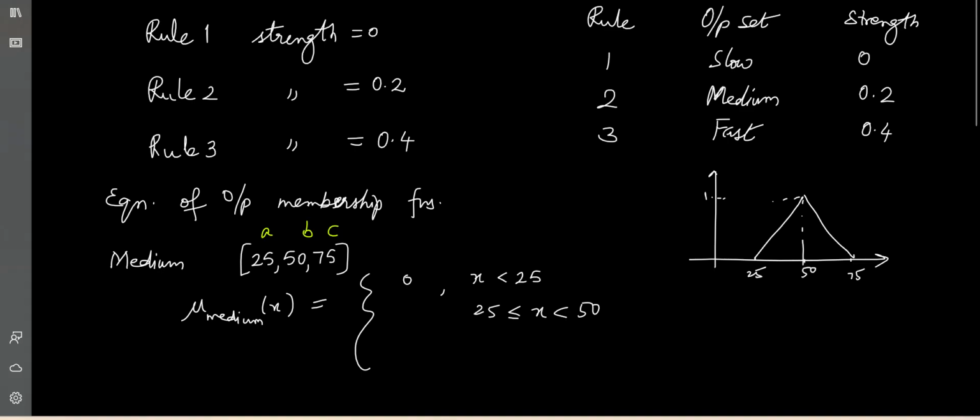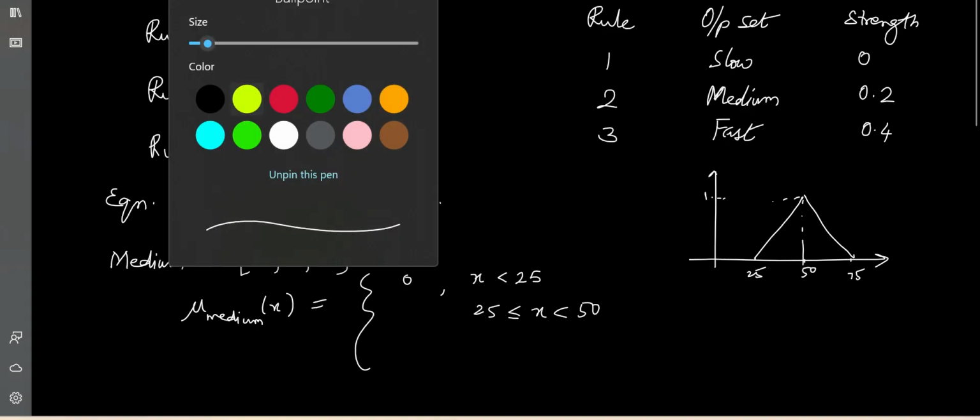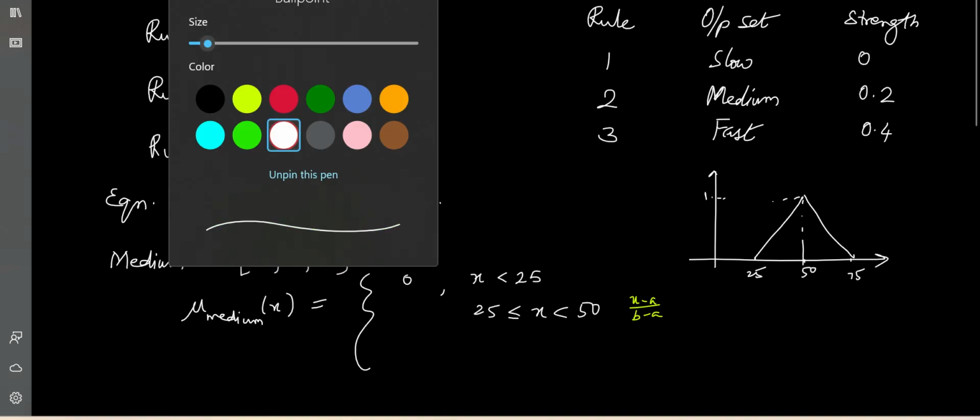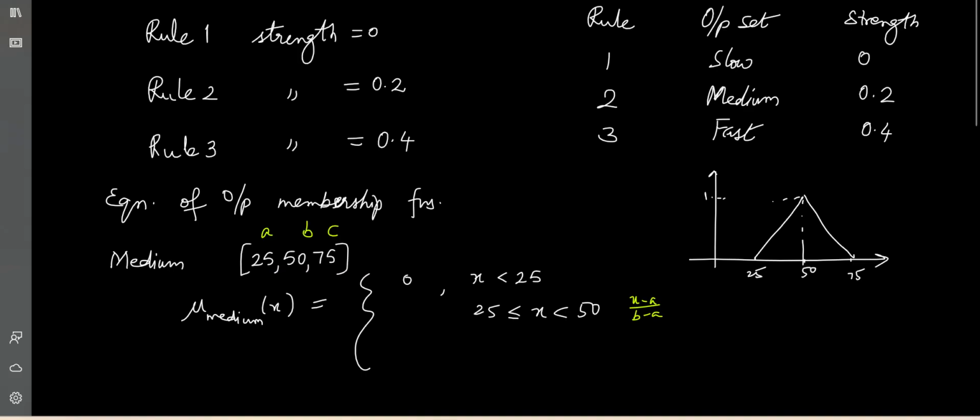So if I'm saying rising graph, what is the value? It is (x minus a) upon (b minus a). I'll write it here for your clarity. (x minus a) upon (b minus a), and that value in this case is (x minus 25) upon, b is 50, 50 minus 25 is 25. Okay.